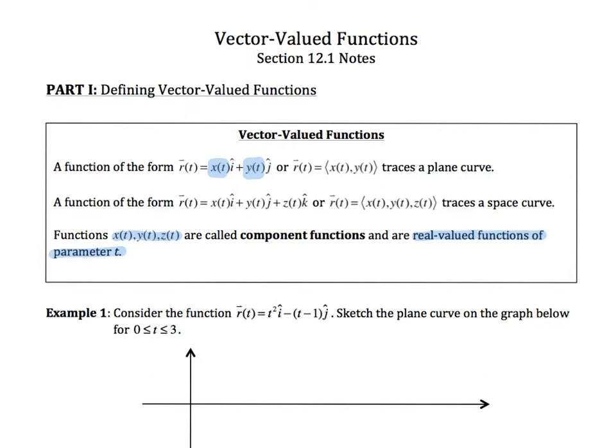You've got a function x that will generate the horizontal component of your vector and another function y that will generate the vertical component of your vector, right? So what we mean when we say real valued functions of the parameter t, that just means that you get a number, right? So these are numbers.